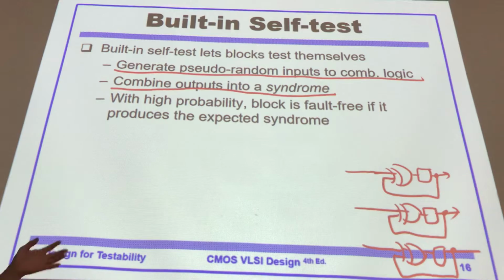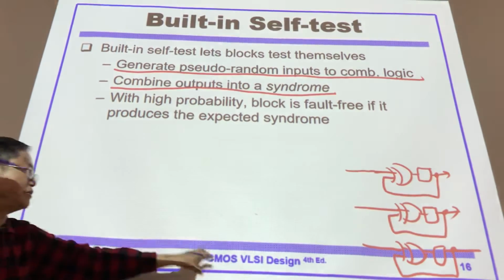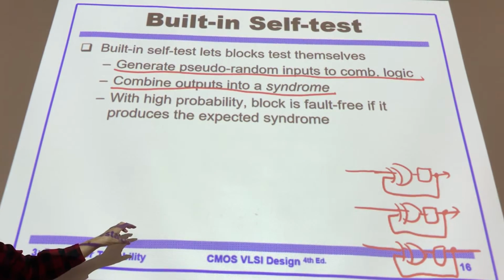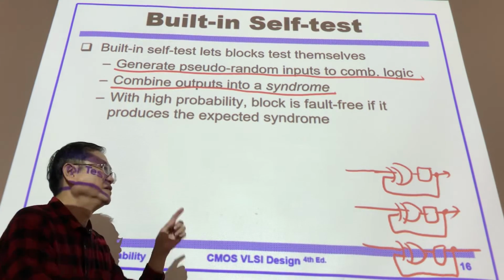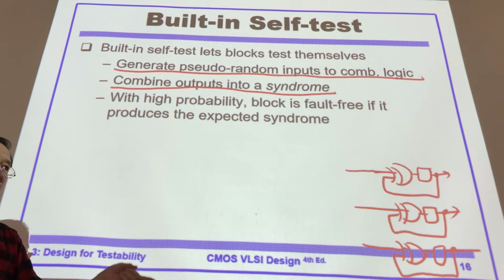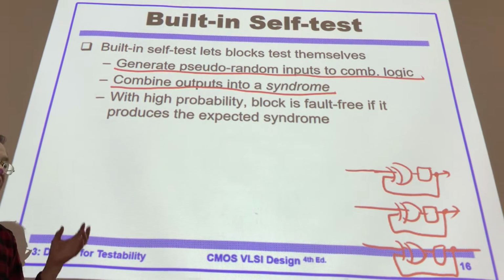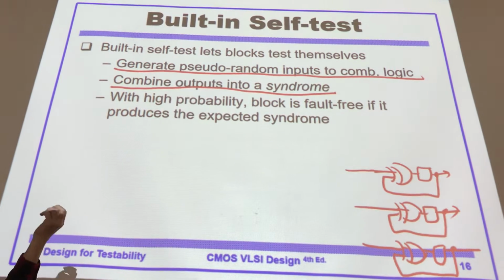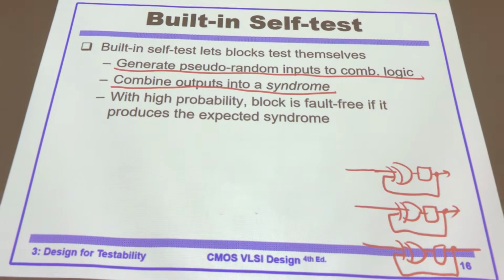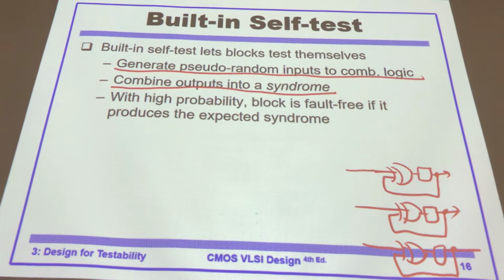Although sometimes, even though the output vector has a problem, after you compress it to only 3 bits, it might give you a correct result. But that's how we can reduce our testing time. We try to accumulate many data into one output. We want to make sure, with very high probability, whether the output is correct or not.